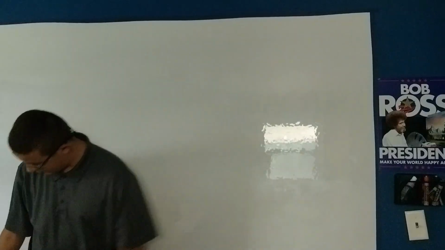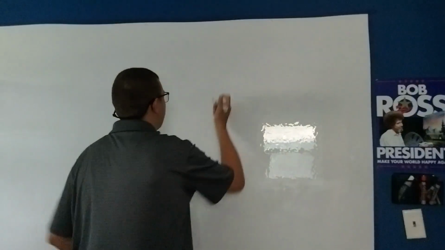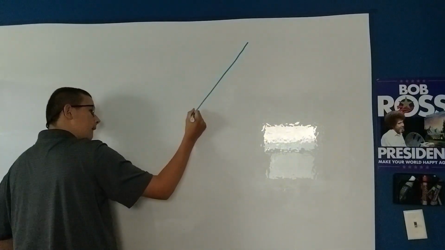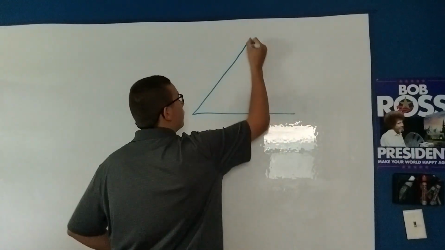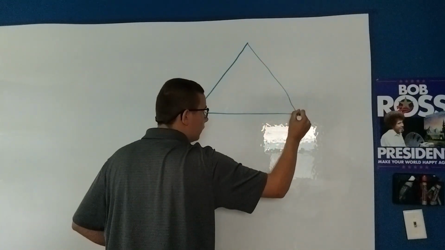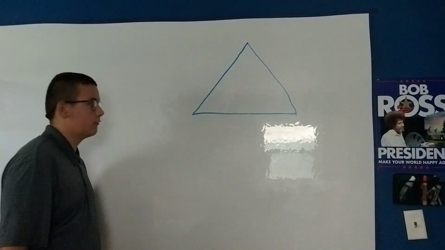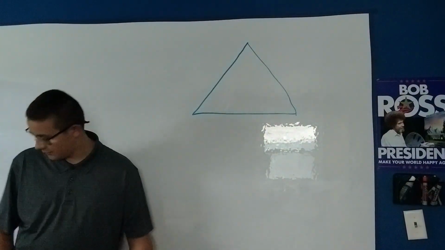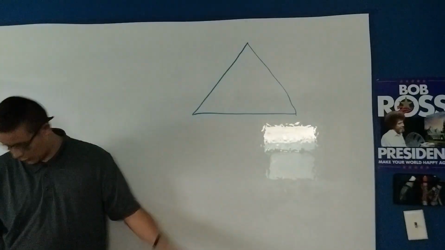Next, for an acute triangle, we have it like this. I'm trying to draw closer to Bob Ross over there, because I don't know what the camera looks like, but I know it sees more that way.